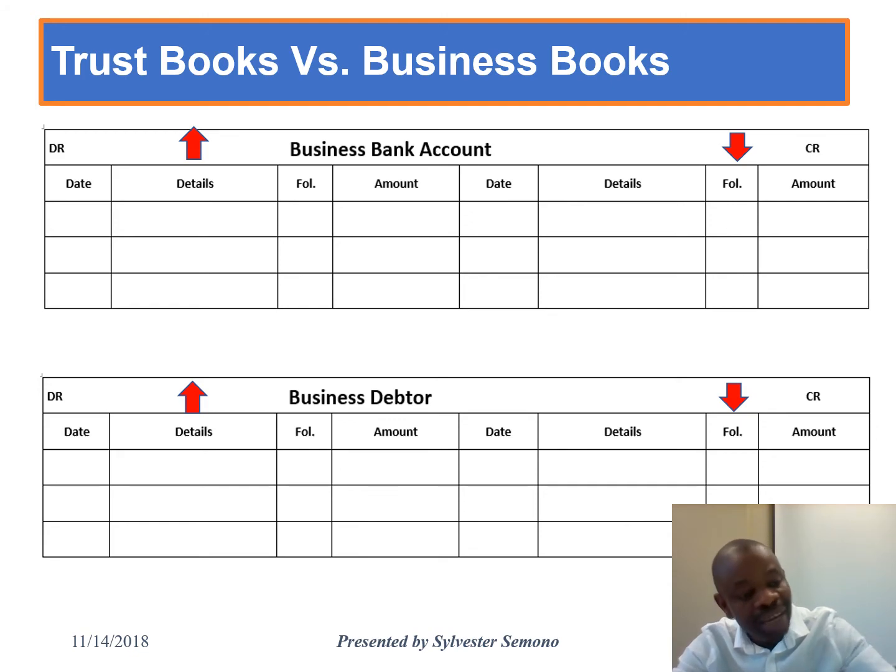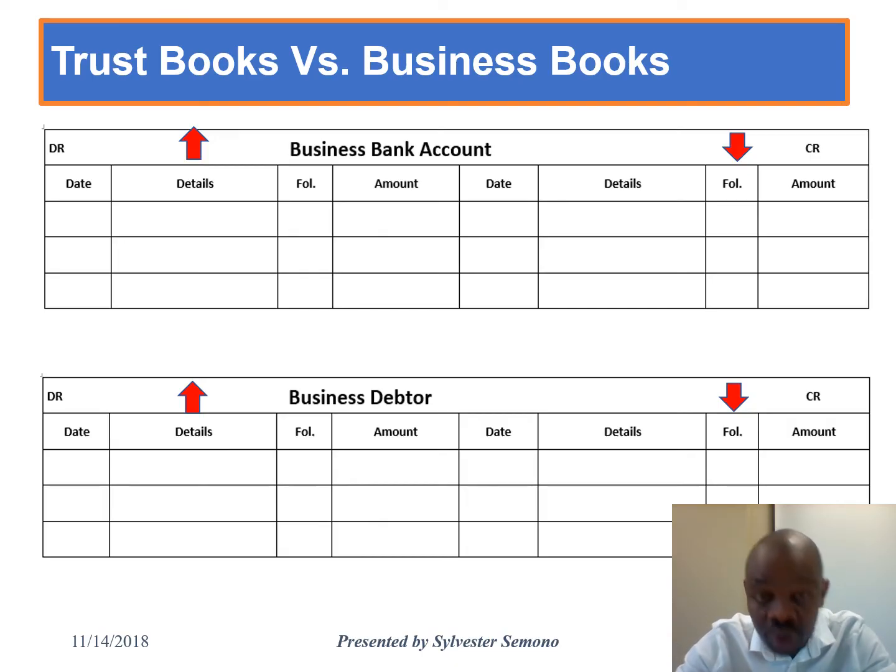So the trust bank must decrease. That's why on the credit side of the trust bank, you're going to see business bank account, so that we can transfer to the business bank account on the debit side. You see, so there must be a transfer between the business bank account and the trust bank account. Remember, it's because we offered a service and now we can claim the money that the client paid to us in advance. Okay, so as I said, you need to know how to relate the two.